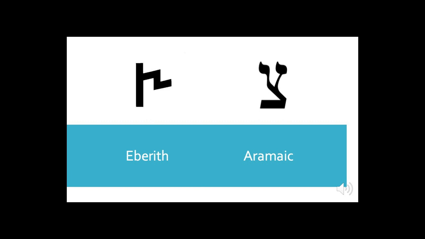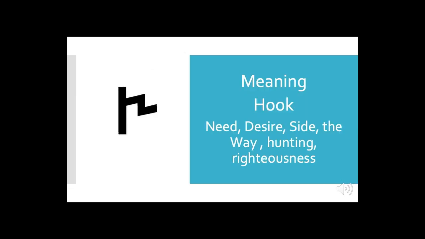If the Aramaic looks familiar to you, it's because another letter, the ayin, is also shaped very similar to this. The main meaning of Tazi is hook. Additional concepts and meanings are need, desire, side, the way, hunting, and righteousness.